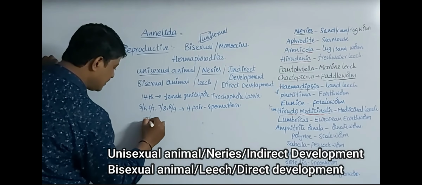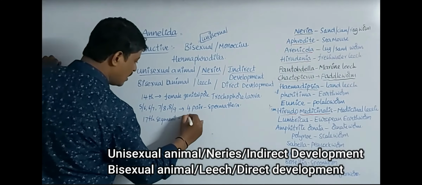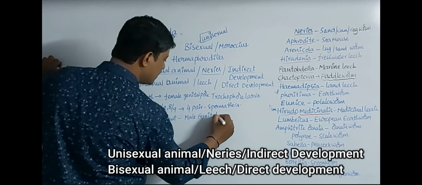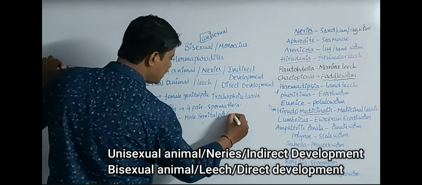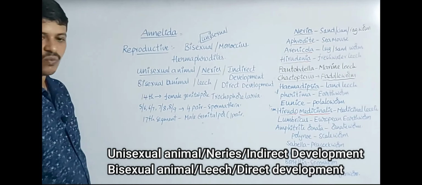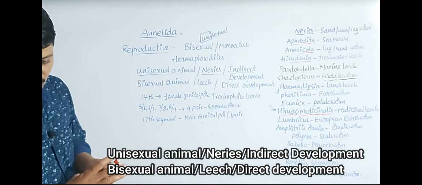At the 17th segment, it has the male genital pore. The number is 1 pair. So these are the reproductive system.